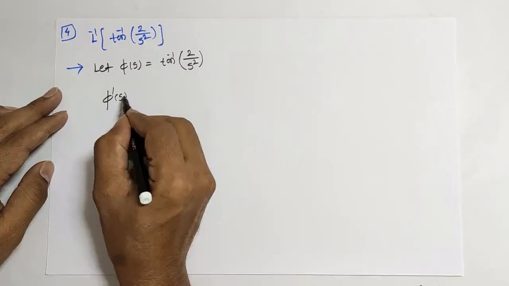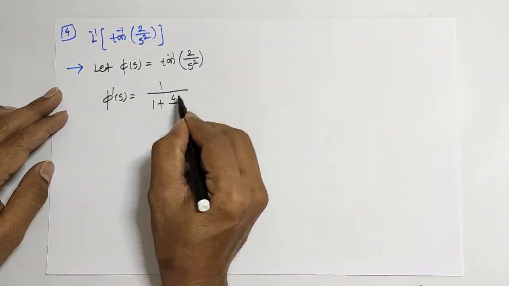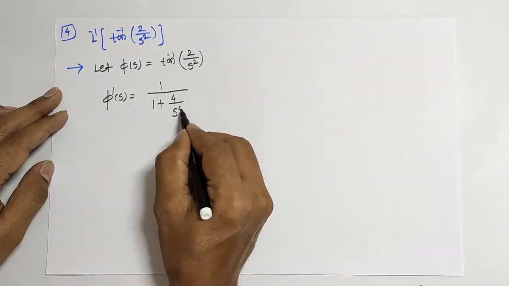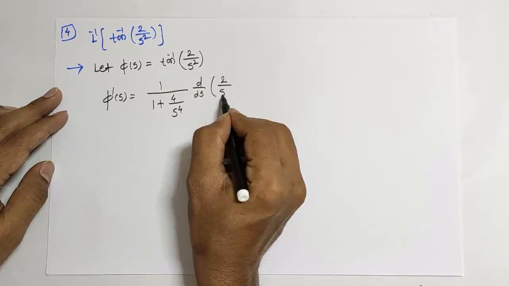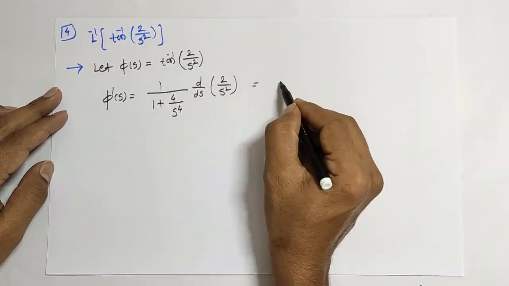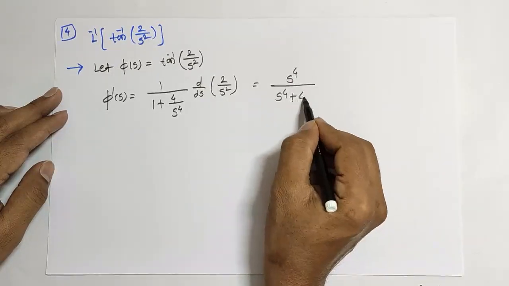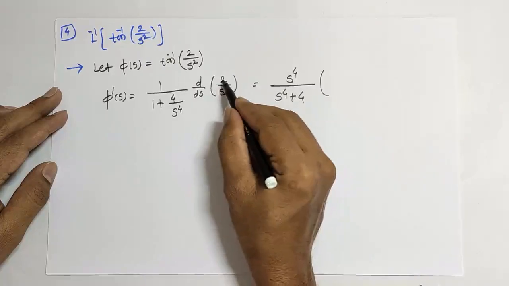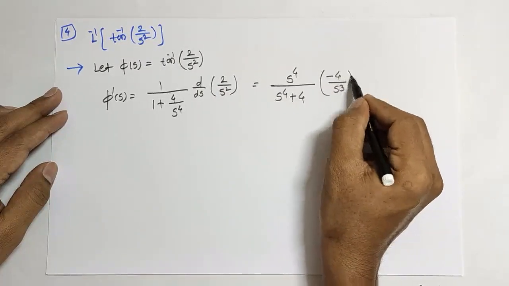differentiating with respect to s, 1 upon 1 plus square of this 4 upon s raised to 4 into derivative of 2 by s square. This is equal to s raised to 4 plus 4, derivative of 2 by s square is minus 4 by s cube, right?